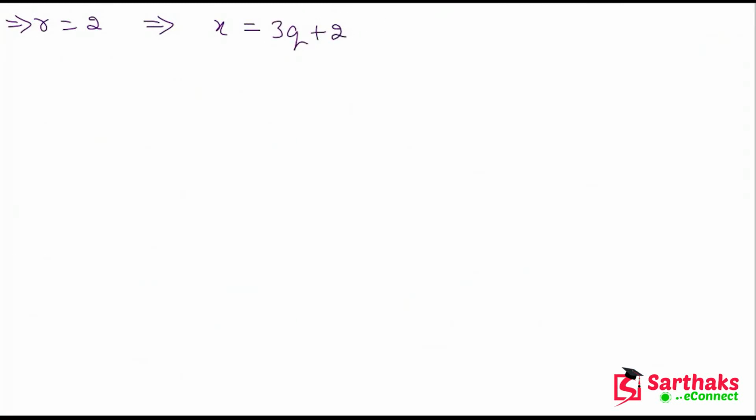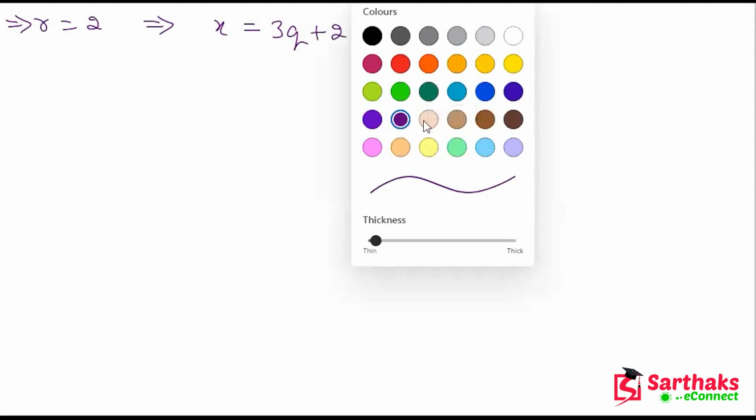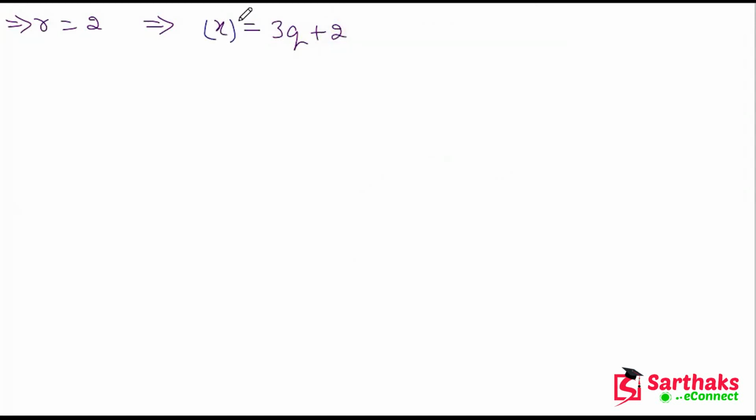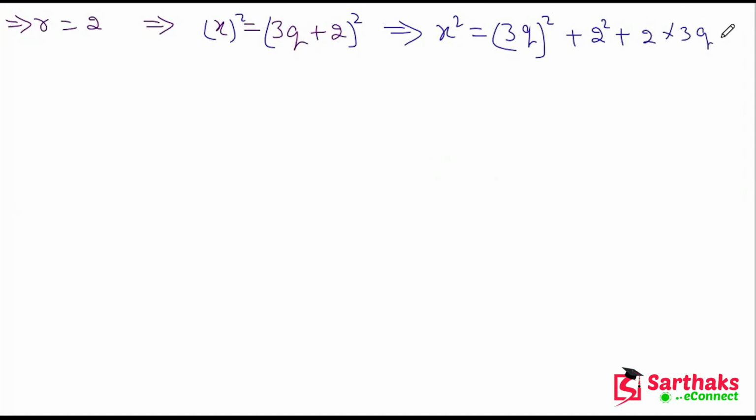3q plus 2. Now again square both the sides. It will become x square is equal to (3q) square plus 2 square plus 2 into 3q into 2.